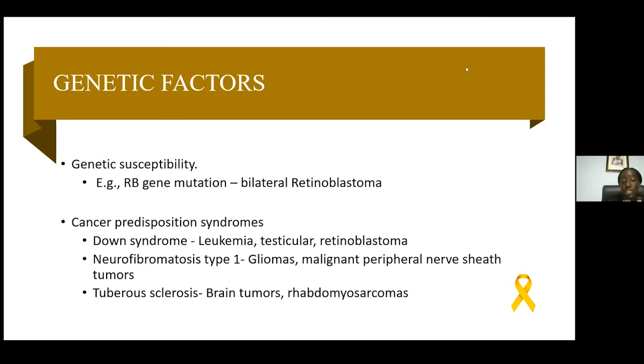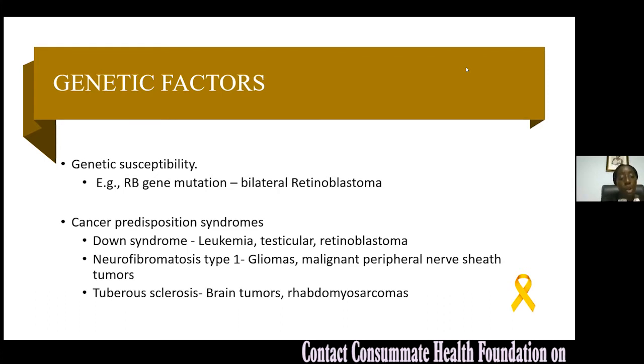But when there is a mutation in this gene, it's unable to do its function of policing the cell replication, so abnormal cells have their own way and they keep multiplying and their replication is unchecked. So if you have a mutation in this gene, then you are at risk of developing retinoblastoma, that's cancer of the eye bilaterally. Not only that, because it checks the replication of cells, it's not only retinoblastoma. These children, when they grow on to adolescence, are also predisposed to other cancers like osteosarcoma, that's cancer of the bone.